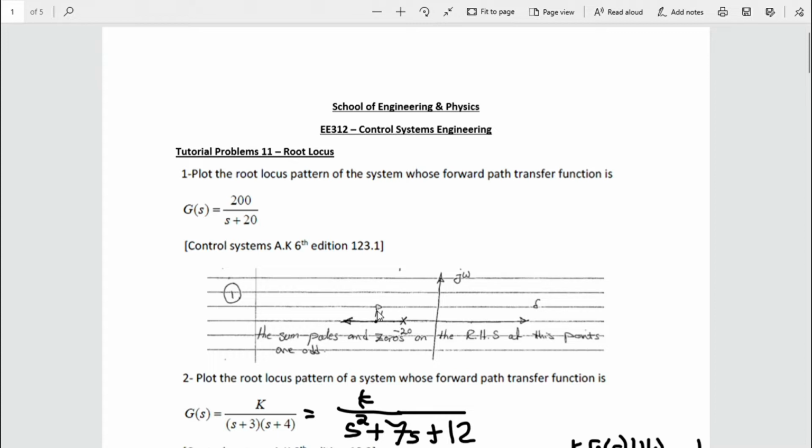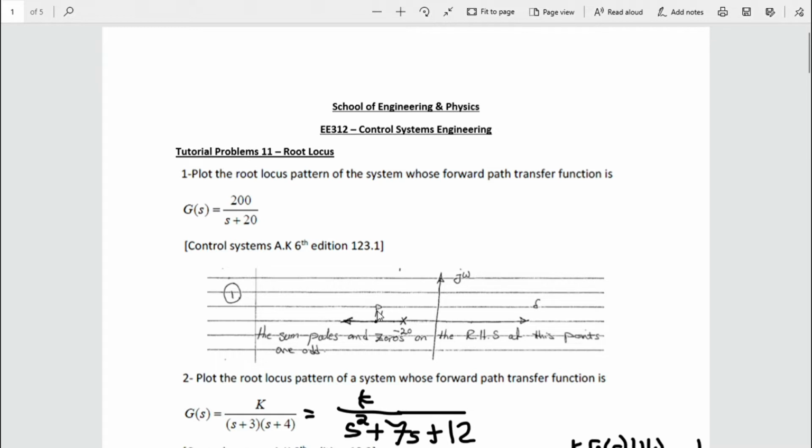Rule number 3 is the real axis segments. It says that on the real axis the segment exists on the left hand side of an odd numbered pole or zero.